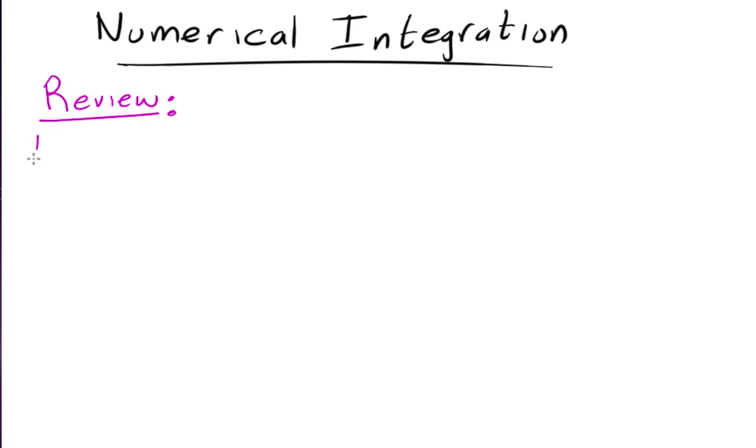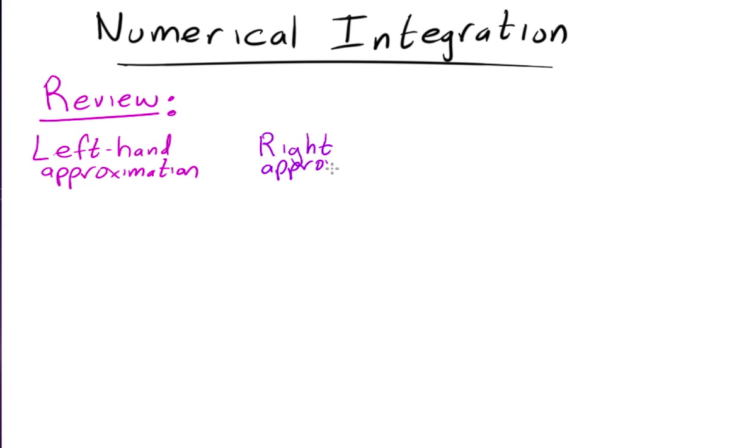So let's do the left hand approximation. Remember, the integral, graphically, what does it represent? It's the area underneath the function, the area underneath the curve. Okay, so right and then midpoint.